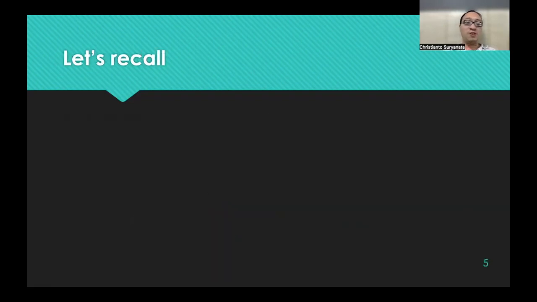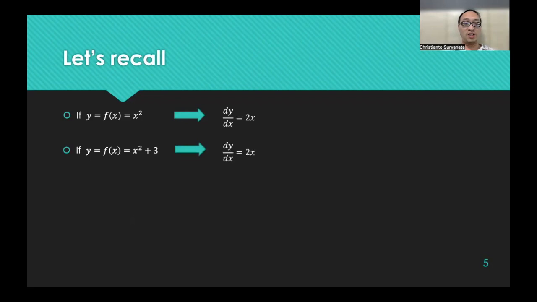As I mentioned before, to understand integration you need to recall your knowledge of differentiation, especially algebraic differentiation. If we have a function x squared, dy/dx is 2x. If f(x) is x squared plus 3, the derivative dy/dx is the same, 2x.